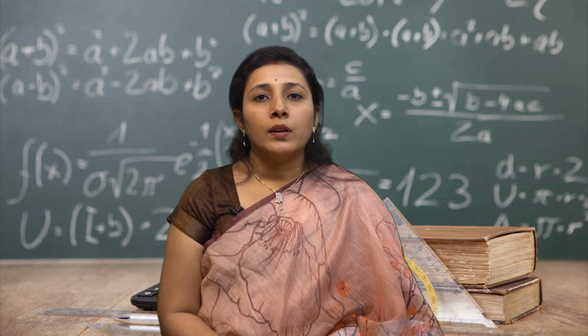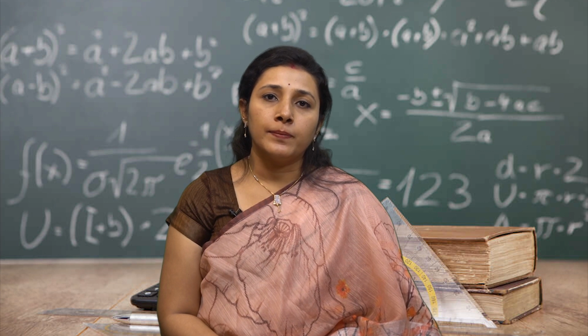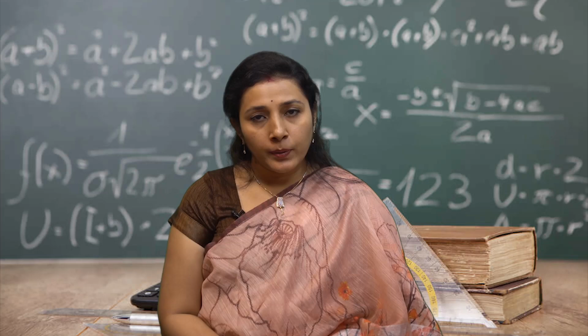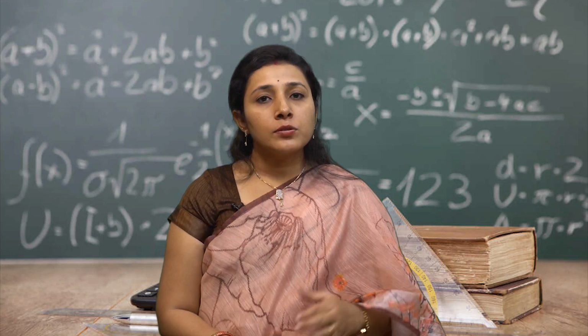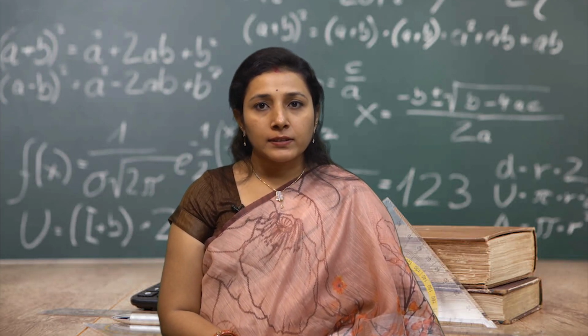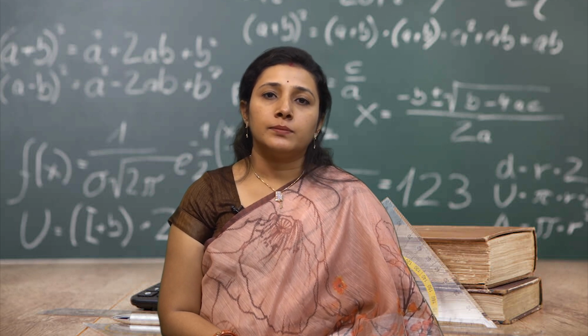Now, if we talk about the internal construction of the BJT, then the emitter is heavily doped and the function of the emitter is to supply electrons, and in fact that is why it is known as emitter.